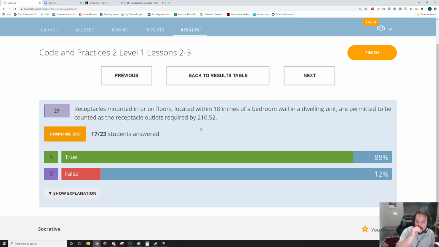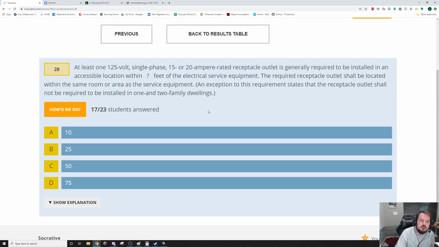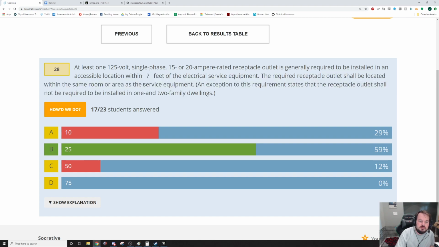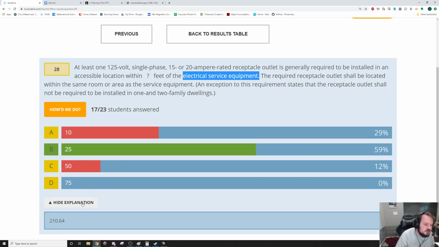If you have a floor outlet that's within 18 inches of a wall, it counts as a required outlet. This is the electrical service equipment question. Electrical service equipment would be the keyword there. Again, 210.64 is where you're going to find that.